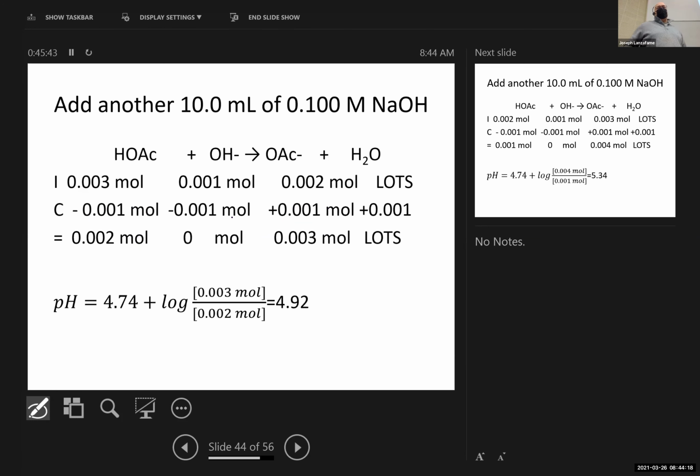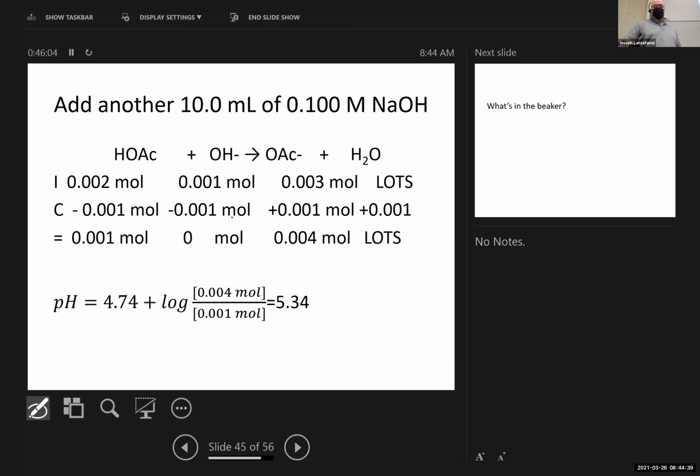And if I add a little more, I now have more acetate than acetic acid. I'm now on the other side of the pKa, but again, I'm still just gradually changing. If I do it one more time, right, I'm now at that 80% point where I've converted 80% of my acetic acid into acetate.